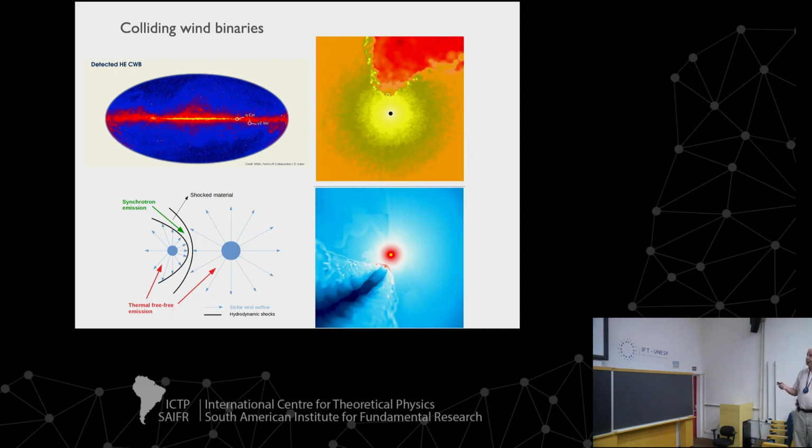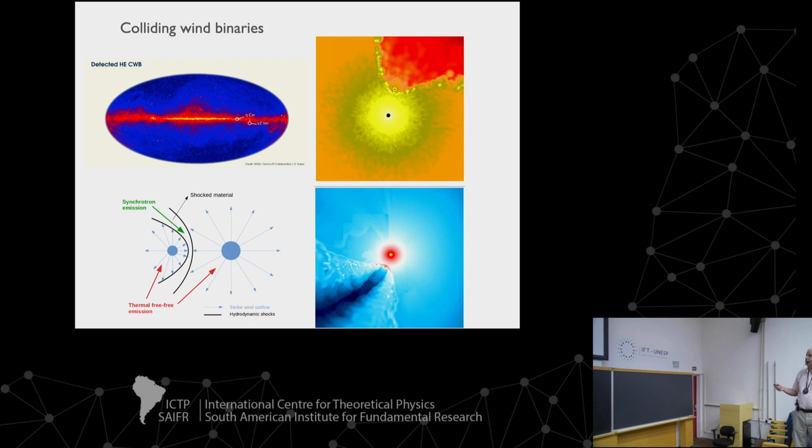So these are some simulations. For instance, here you have a very massive star and a less massive star orbiting around the center of mass, and the two winds are interacting.